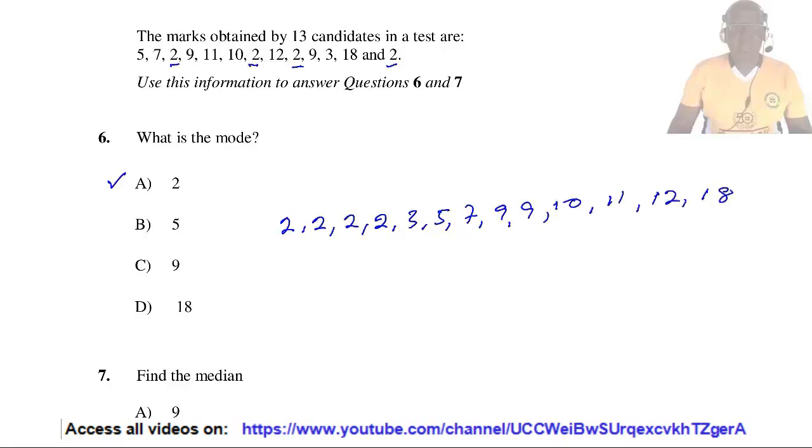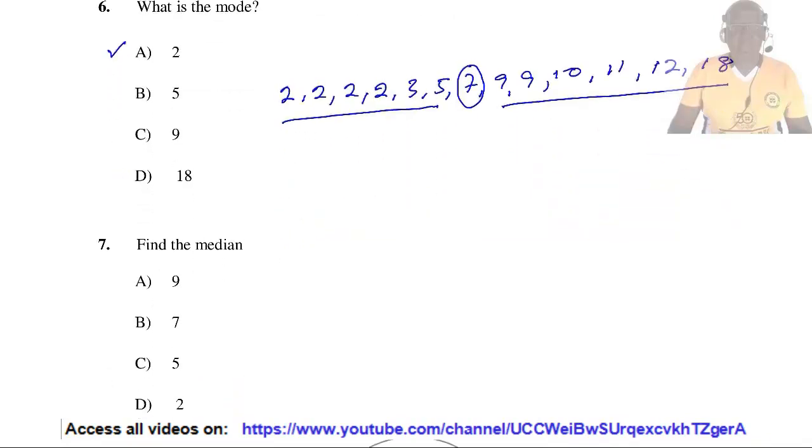There are in all 13 marks. The central position is 7. There are 6 marks to the left and 6 marks to the right. So the median is 7, which is B.